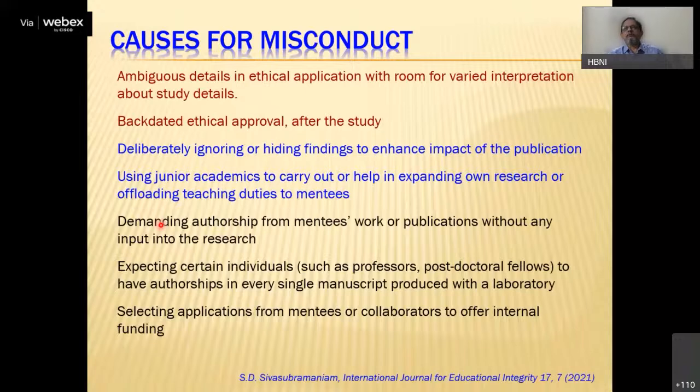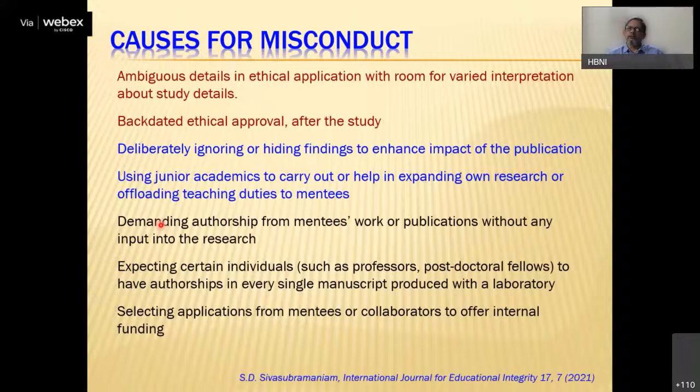And then this has to be done for some non-academic or non-research reasons. Then expecting certain individuals such as professors and postdocs to have authorships in every single manuscript produced within a laboratory. So this is another practice which is a pernicious practice, but unfortunately it happens.